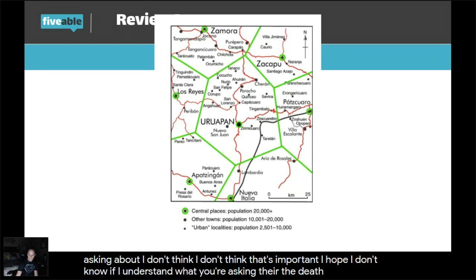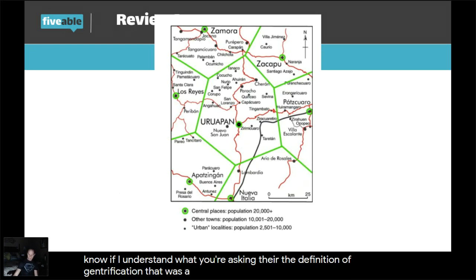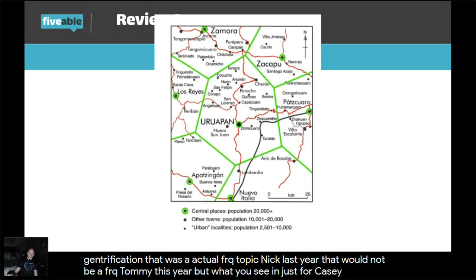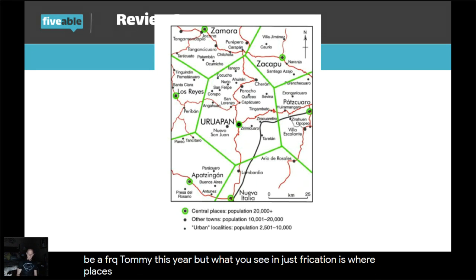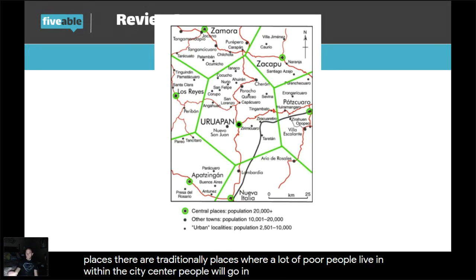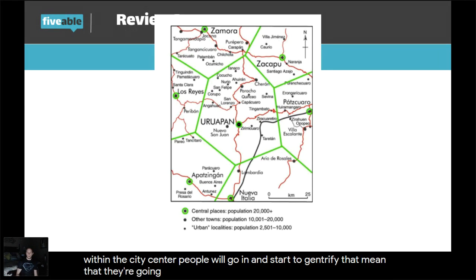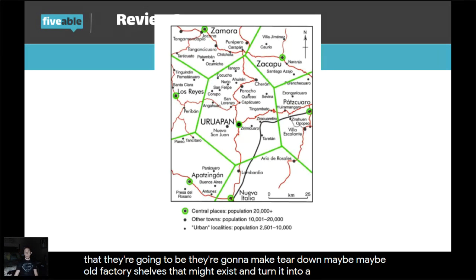The definition of gentrification, that was an actual FRQ topic last year. That would not be an FRQ topic this year. But what you see in gentrification is where places that are traditionally places where a lot of poor people live within a city center, people will go in and start to gentrify that, meaning that they're going to tear down maybe old factory shells that might exist and turn it into a condo.